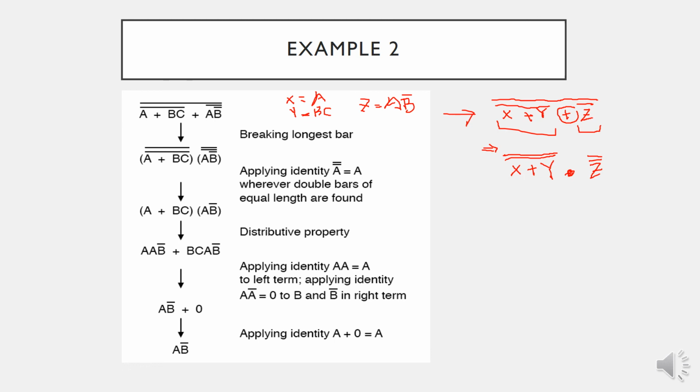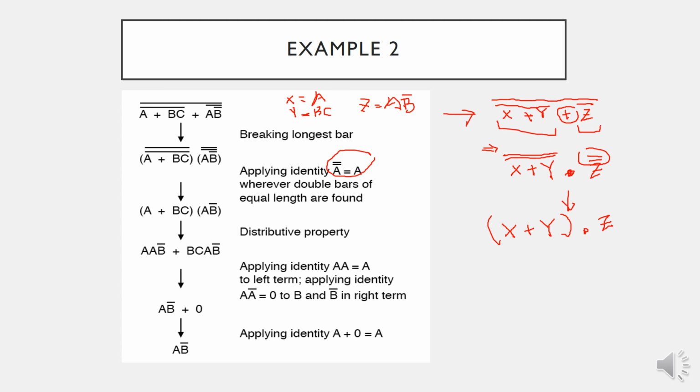Alright, so we have this equation. Based on these identity laws, we actually have a very simple equation: x or y, and with z, since z also has a double inverse here.